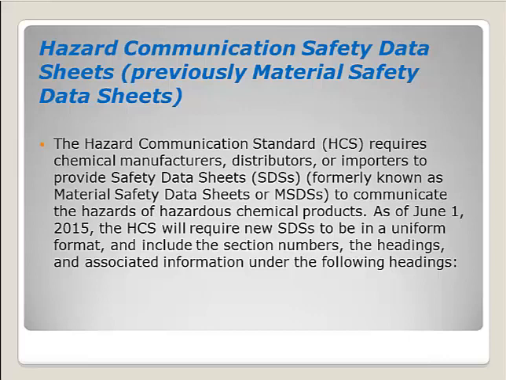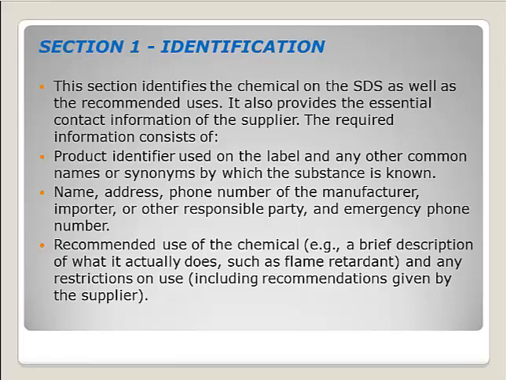As of June 1st, 2015, the Hazard Communication Standard will require all new SDSs to be in a uniform format and include section numbers, the headings, and associated information under the following headings. We'll break those down and talk about each one.